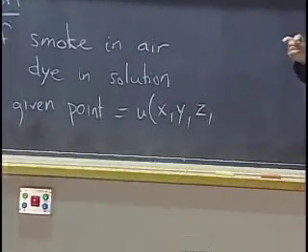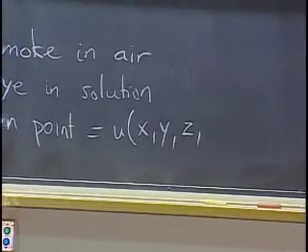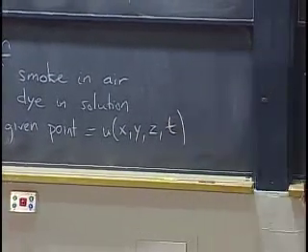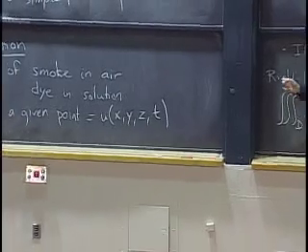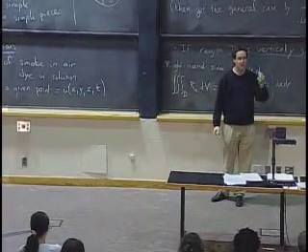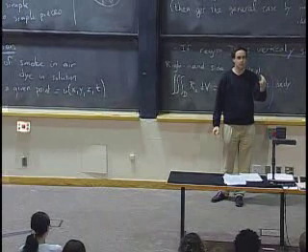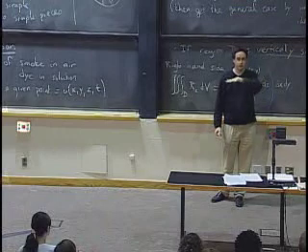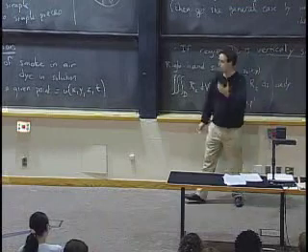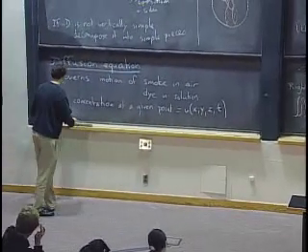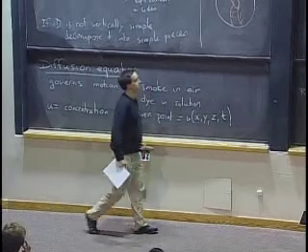But since the goal is to also understand how things spread over time, it should also depend on time. Otherwise, we are not going to get very far. And in fact, what the equation will give us is the derivative of u with respect to t. It will tell us how the concentration at a given point varies over time in terms of how the concentration varied in space. So it will relate partial u, partial t to partial derivatives with respect to x, y, and z.